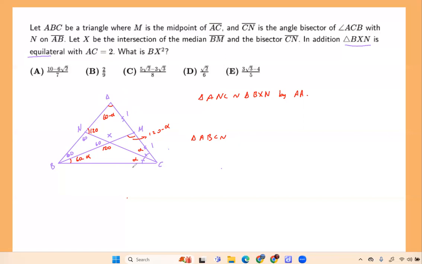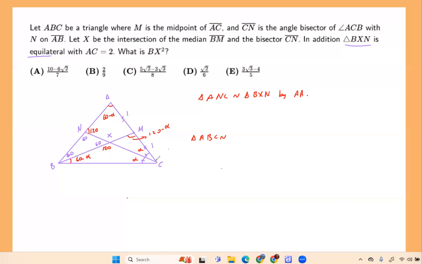But do I have any other triangles that have the same angles? So I think we do have this triangle. Because this is 120 minus alpha, and this is 60 minus alpha, and then C is 2 alpha. So I hope that makes sense. So the A in this largest triangle is 60 minus alpha.